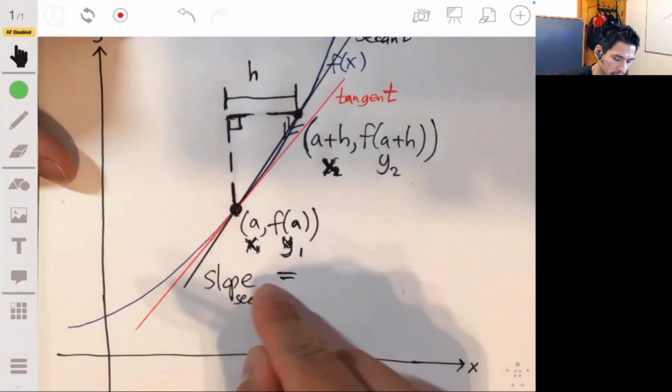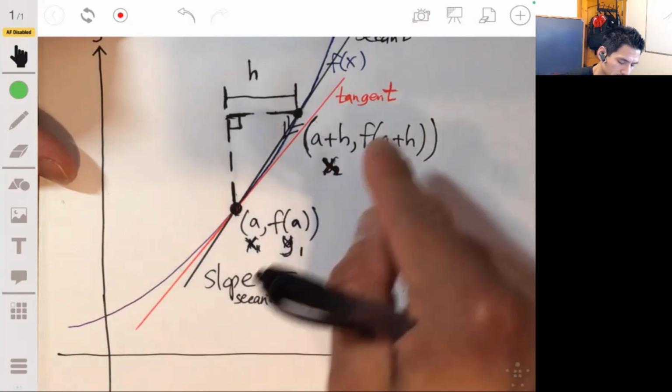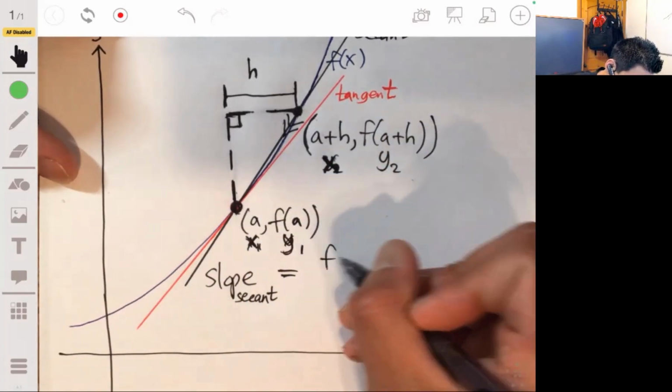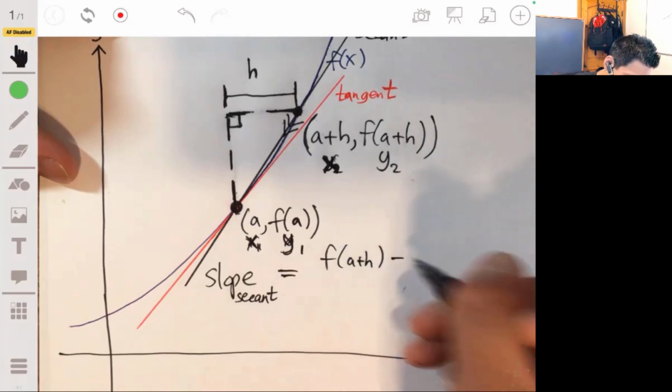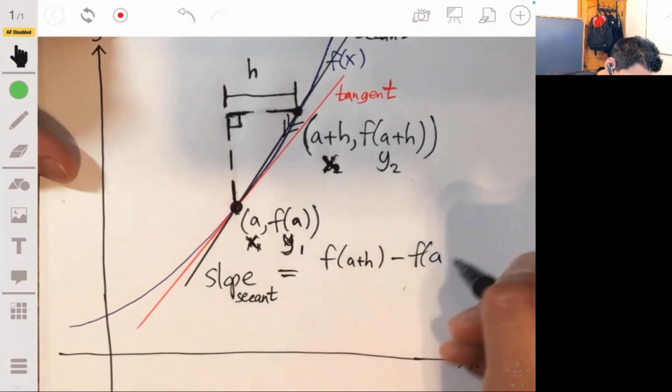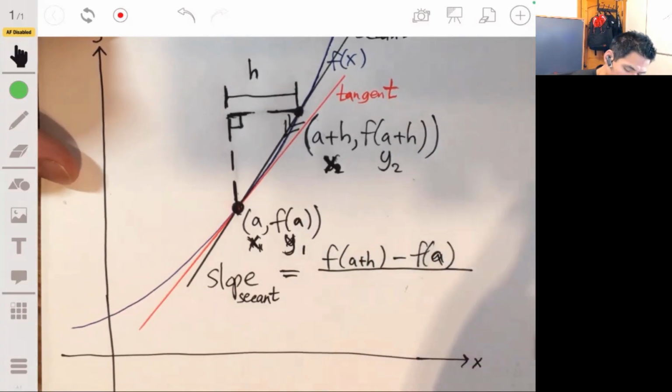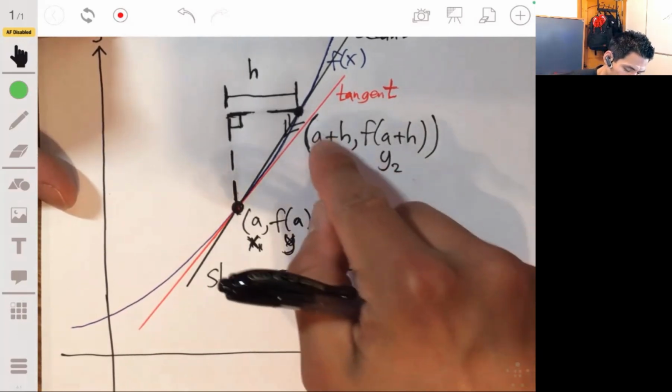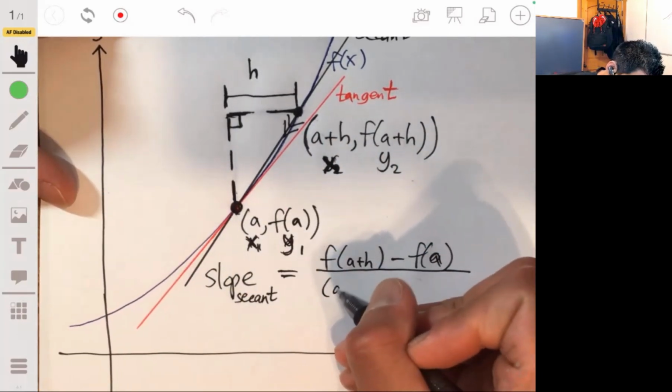And so, slope is y2 minus y1 over x2 minus x1, but let's use this. Let's make it f of a plus h minus f of a, all over a plus h minus a.